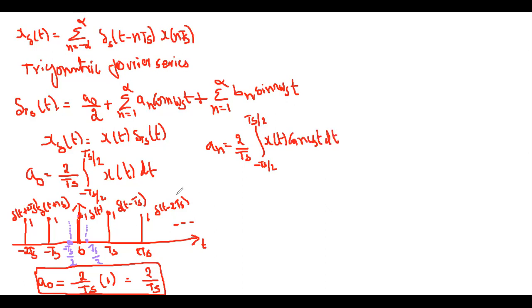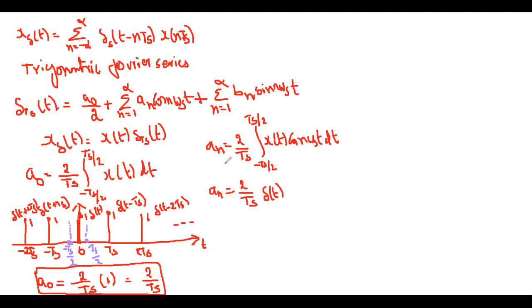Here also we are taking the range minus ts by 2 to ts by 2 only. In that, x of t is delta of t, which is 1. I will write here an is equal to 2 by ts, x of t is delta of t, and cos n omega s into t dt.